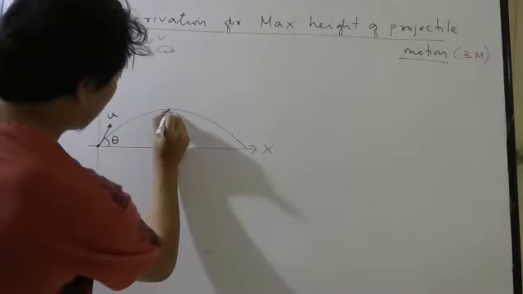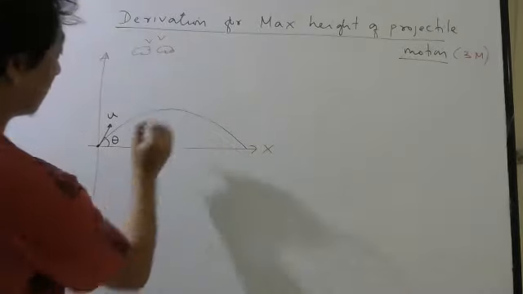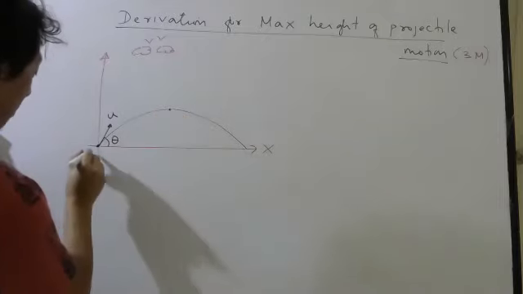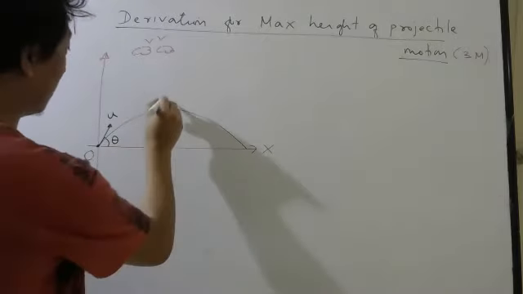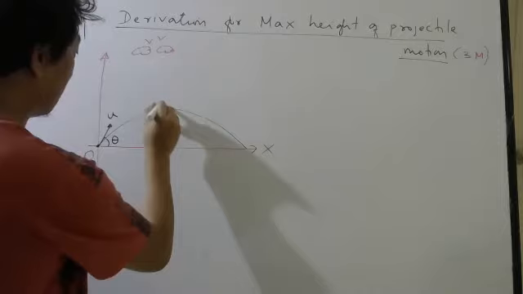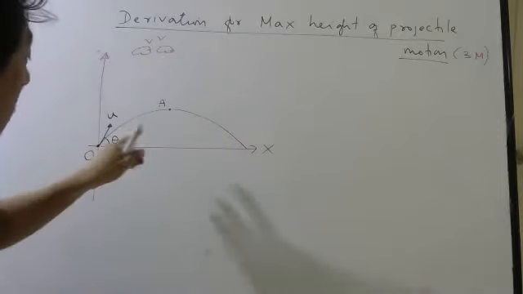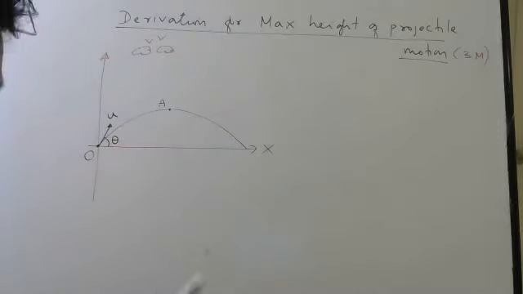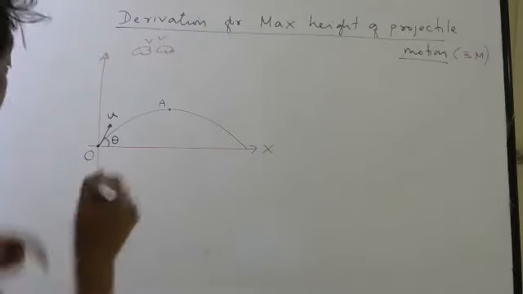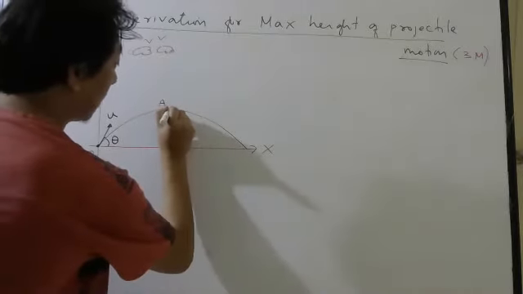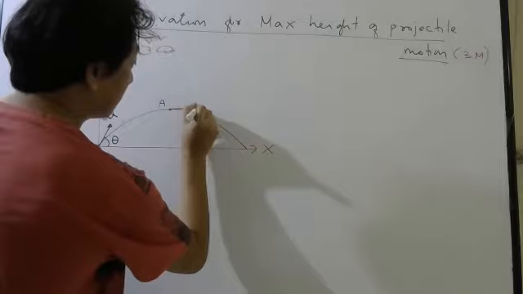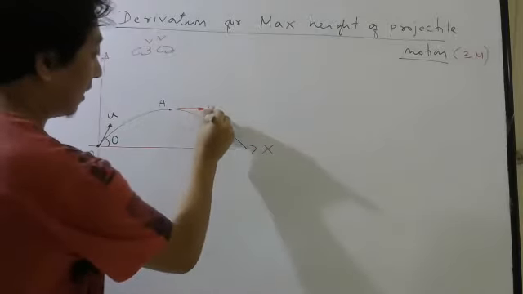So when it reaches here, let me call this point O. Let me call this point A, let's say. So when my particle reaches point A, you know its velocity will be parallel to the x-axis, which is your Vx.